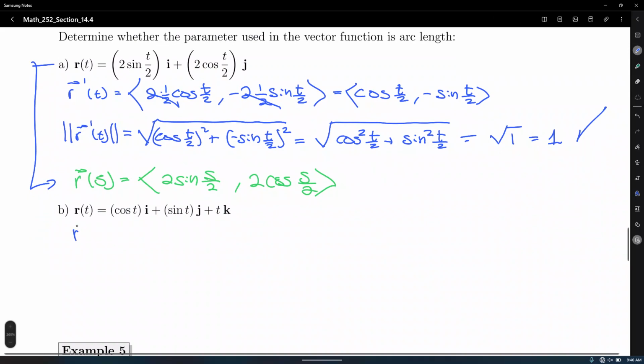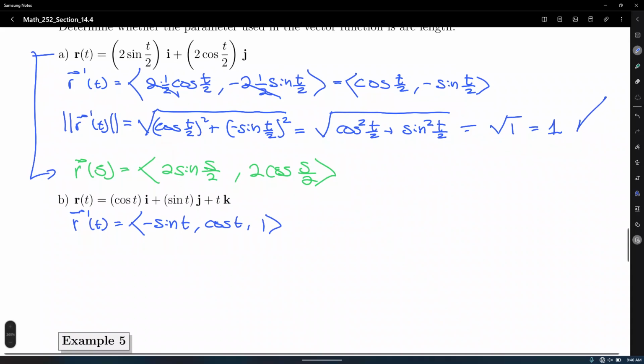Okay, so r prime equals the derivative of cosine, which is negative sine, the derivative of sine, which is cosine, the derivative of t, which is 1. Let's find the magnitude.